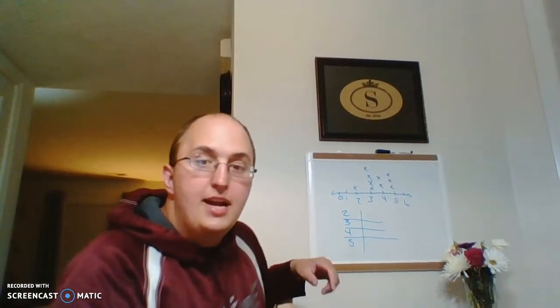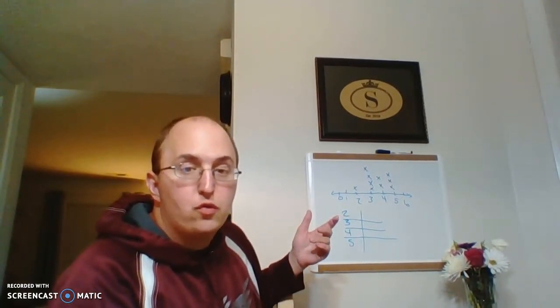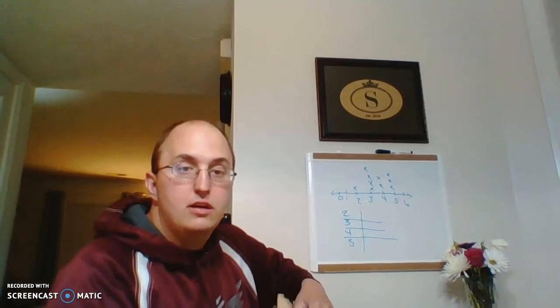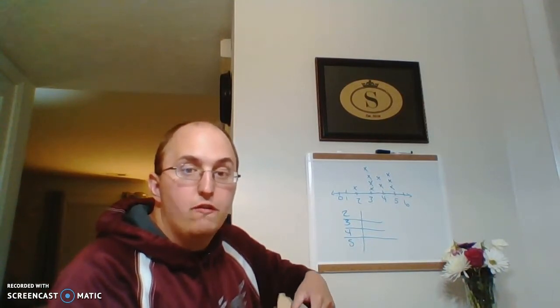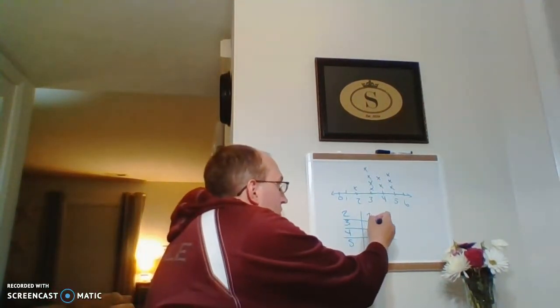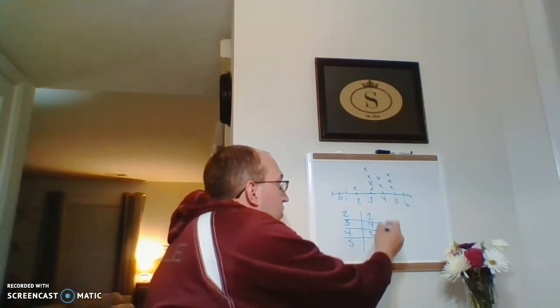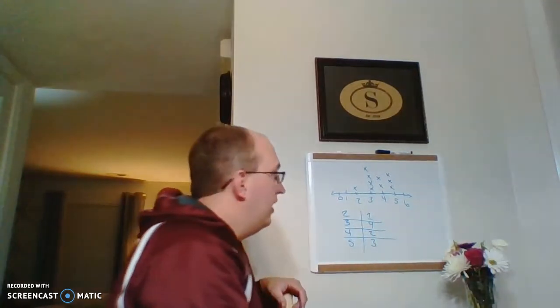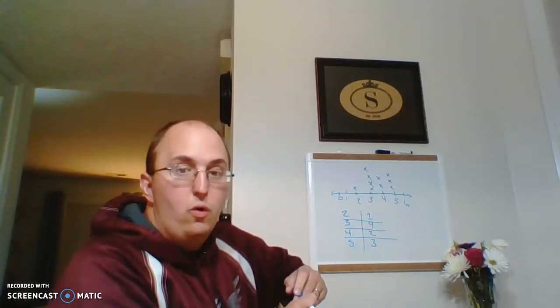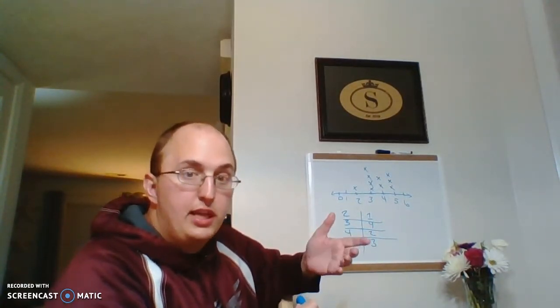All right. Next thing to do is to put in how many families have that number of phones. So for 2, there's 1 x, so that's 1. 3, there's 4. There's 5. There's... All right. So that is how we set up our frequency table.